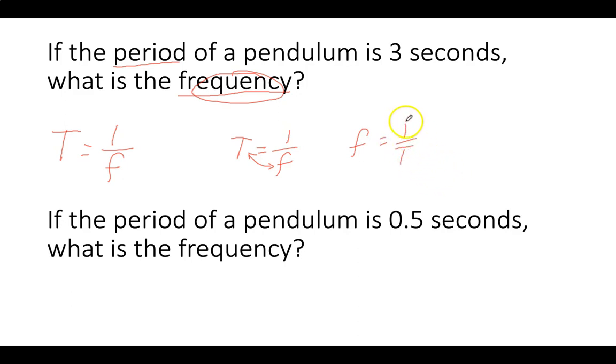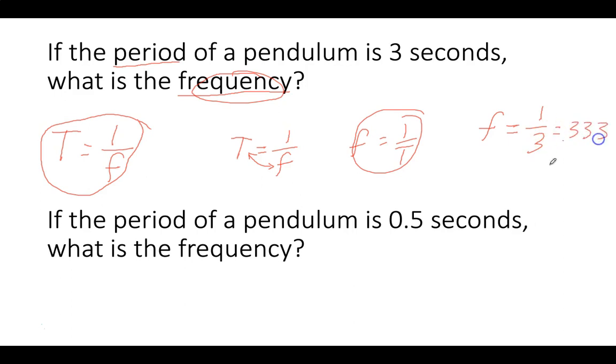Look at these two formulas. They basically look like the same thing, and each solves for the other. So frequency would be 1 over 3, or 0.333, and since it's frequency, that would be hertz, 0.333 hertz.